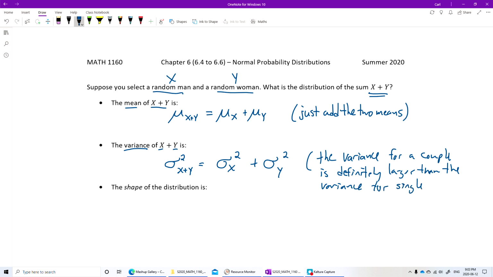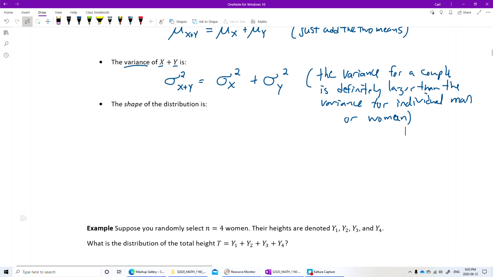I don't mean single as in marital status. I mean just an individual man or woman. And why is it that you just need to add up the two variances? Well, we could prove that, but we'd have to go deeper down into the details of the theory for random variables. We're not going to do that right at this moment.